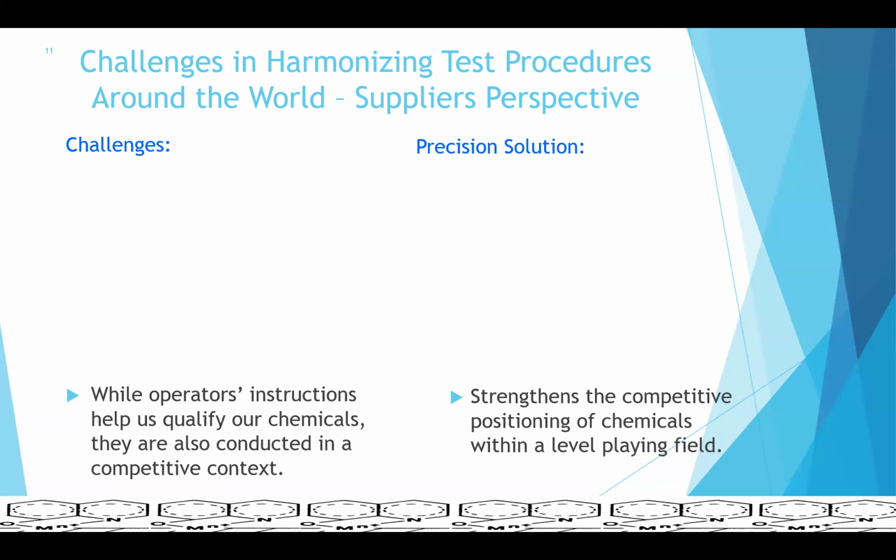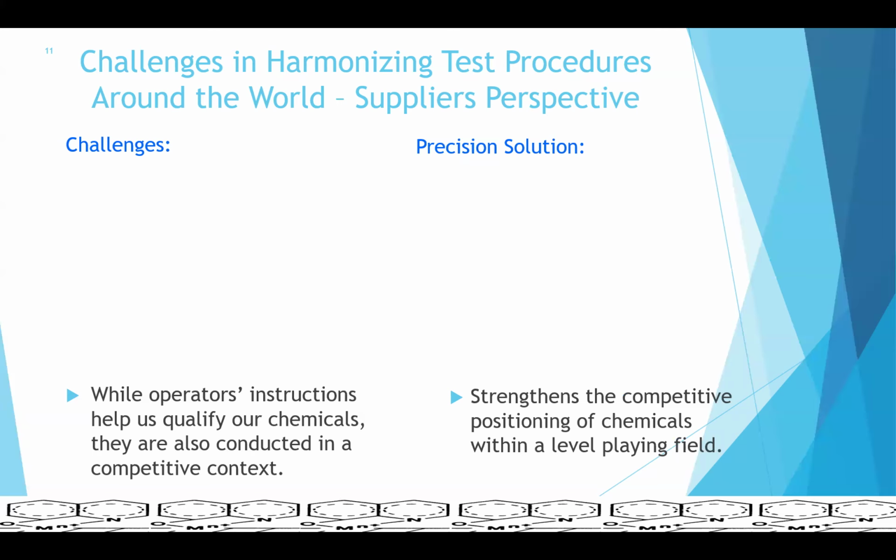But if you have a precision statement, it strengthens the competitive positioning of chemicals within the level playing field. In other words, if all of the chemicals, or some of the chemicals, fall within the precision range, then all the chemicals can be qualified.